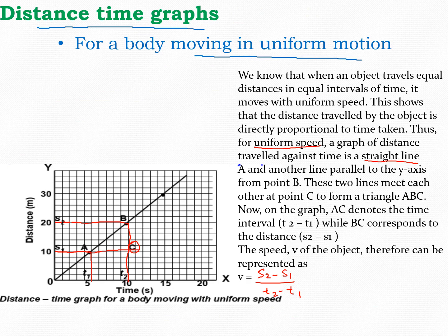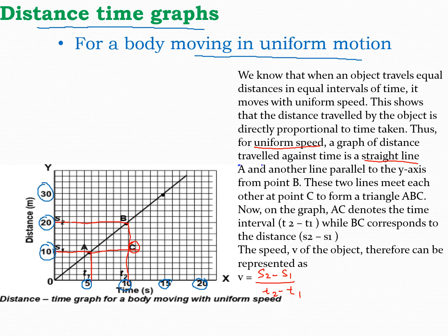Uniform motion, if you see, on the x-axis the scale is chosen with a difference of 5 seconds. Can you see, 0 to 5 seconds, then 10 seconds, 15 seconds and 20 seconds. And on the y-axis, distance is there, where the difference between each distance is 10: 0 to 10, 10 to 20, 20 to 30 and so on.